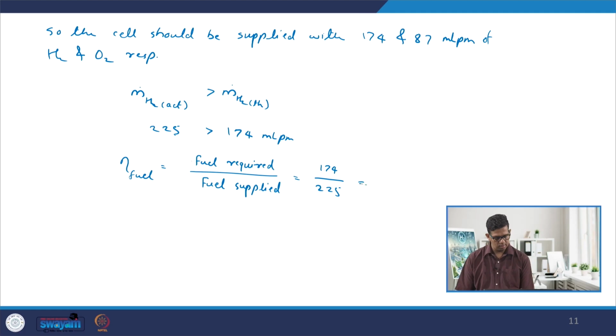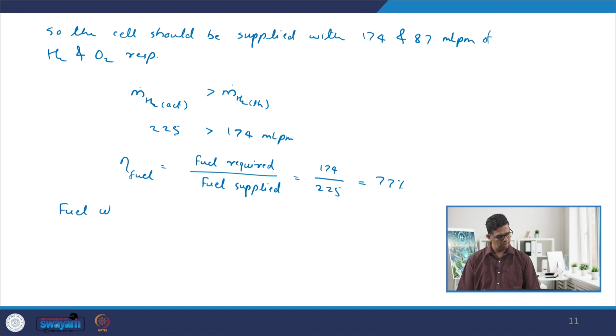So, this comes somewhere close to 77%. So, what is that extra fuel that we need to supply? It is identified by another factor called the stoichiometric factor, or also called the fuel utilization factor.